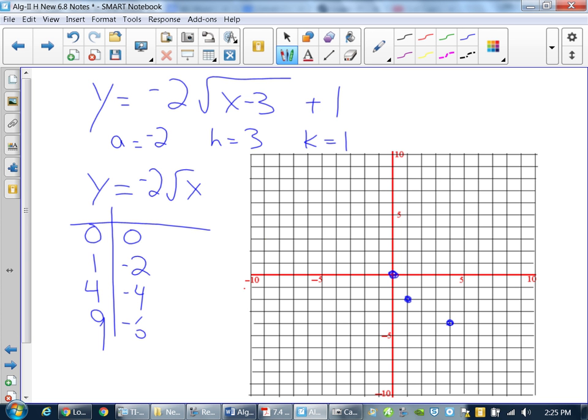What was it, 9, -6? It does that. To each of those points, which way do I move? I go right 3 and up 1.